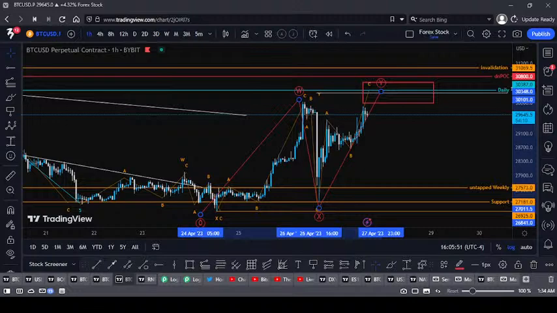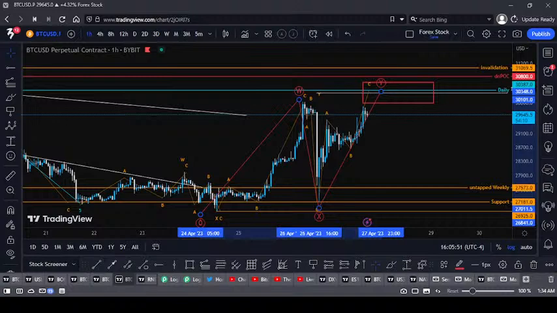That's really interesting. We had already called this short setup from this red box, and it moved down exactly. But it was really surprising to see that move, a real nosedive to the downside. It was big enough for me.